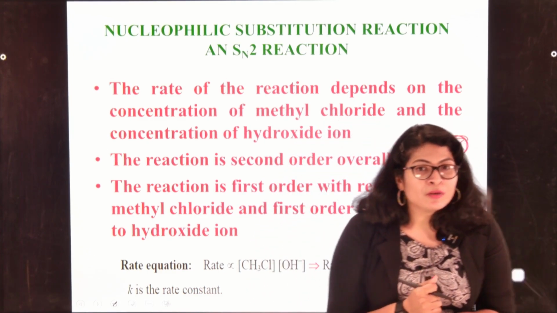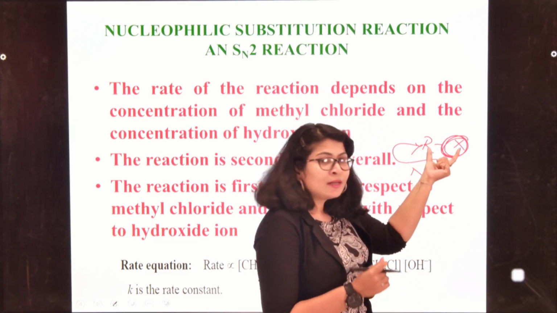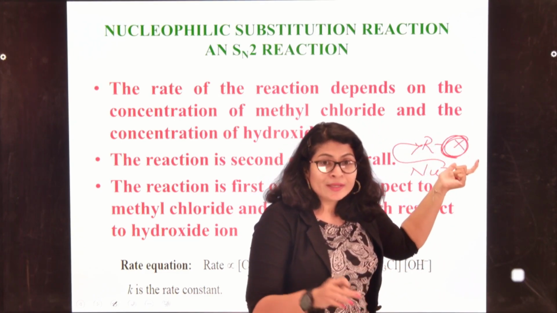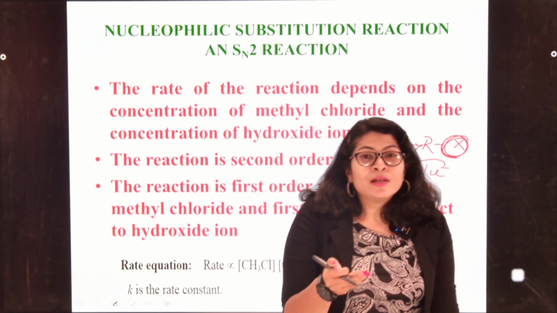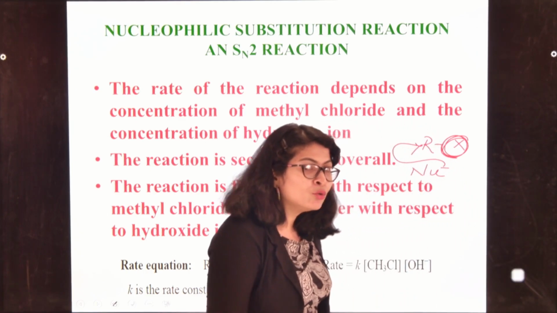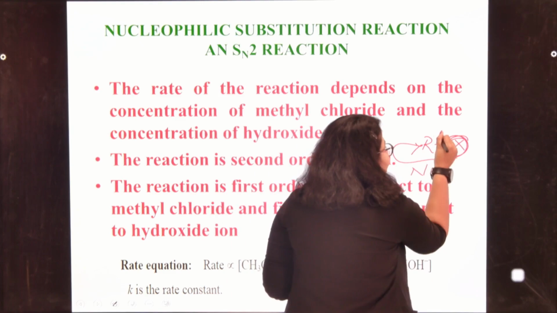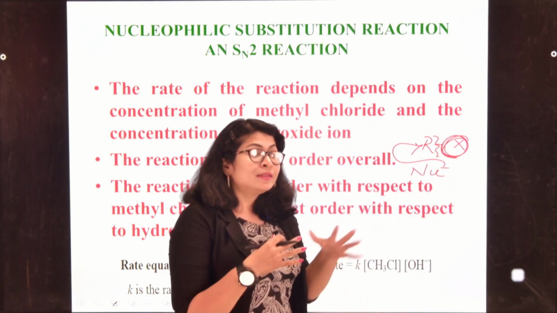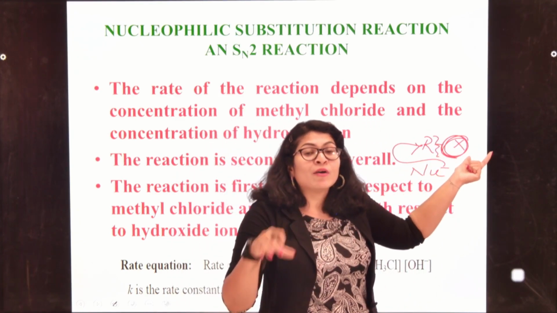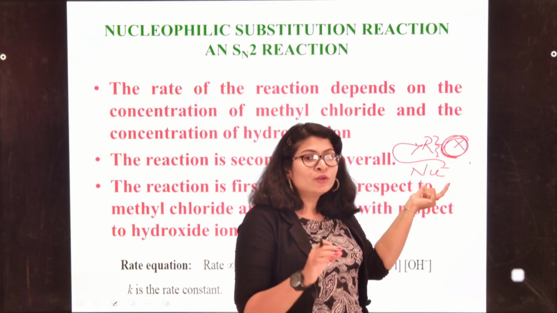The second possible way is, when the organic substrate sees the nucleophile approaching, it by default will detach this bond and make this particular site readily available for the nucleophile to come and take up.